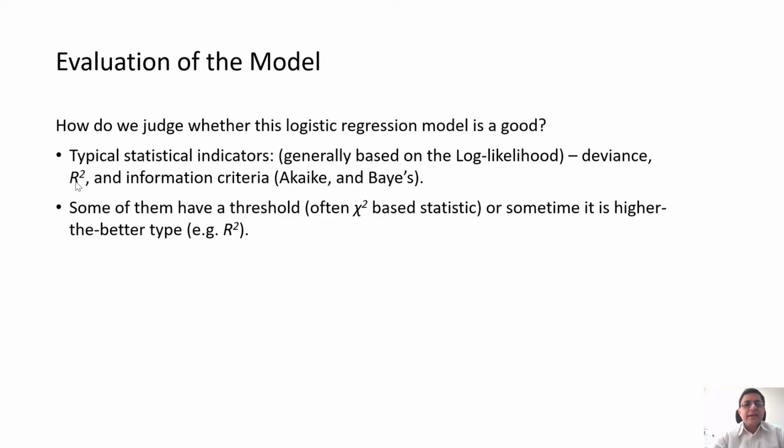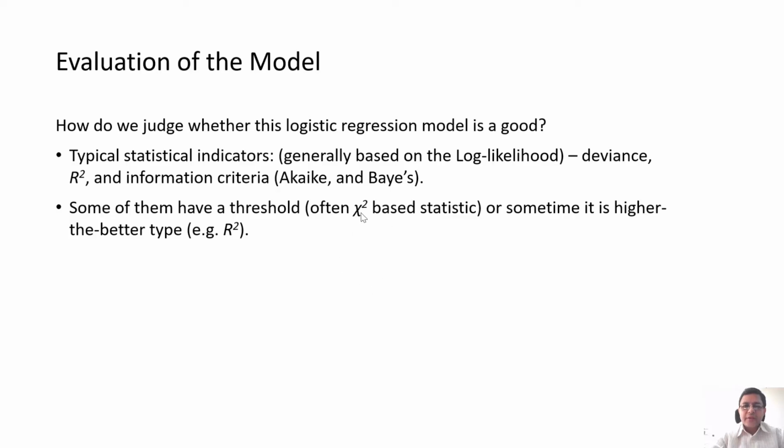So some of the statistical indicators may be of the higher the better type also, and an example of the higher the better type is R squared. The Akaike information criteria and Bayes information criteria have a chi-squared test statistic, and you know how to run those tests. There is going to be a hypothesis that the logistic regression is significant or not significant.